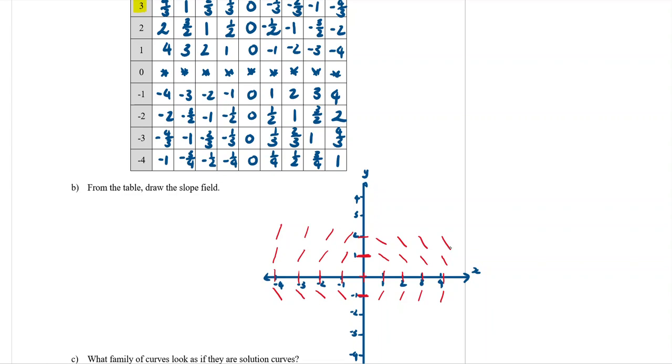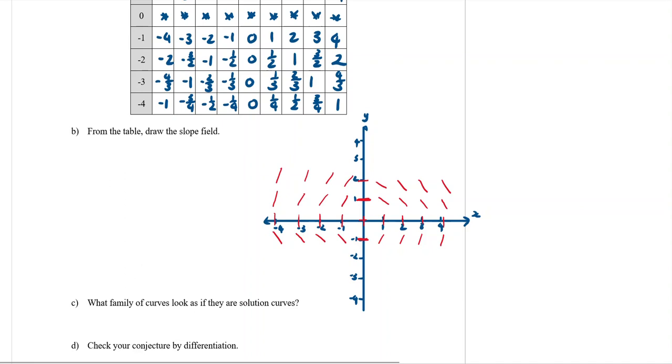Then do the -2. So y equals -2 starts with a gradient of -2. Then -1.5. -1. -0.5. 0. Then half, sorry, that should have been half, not 1.